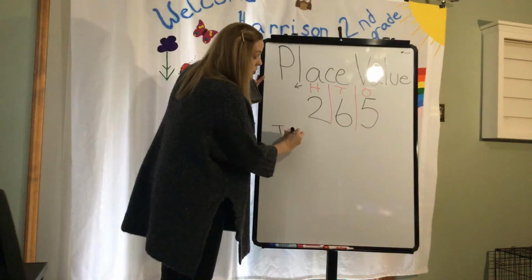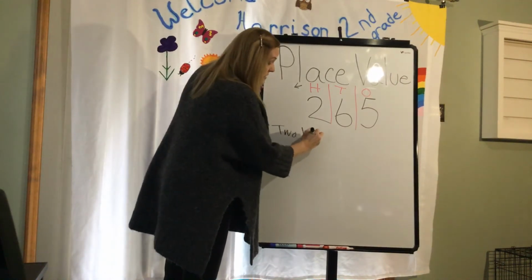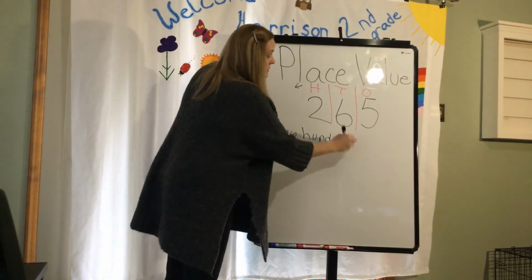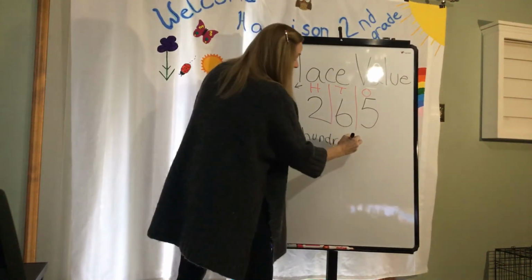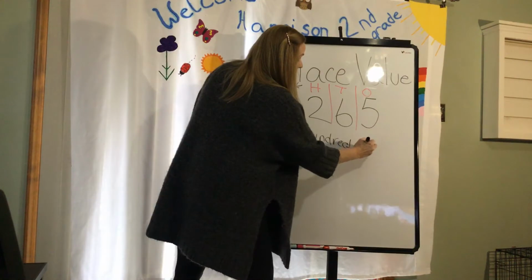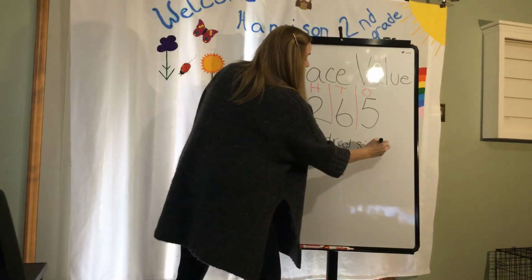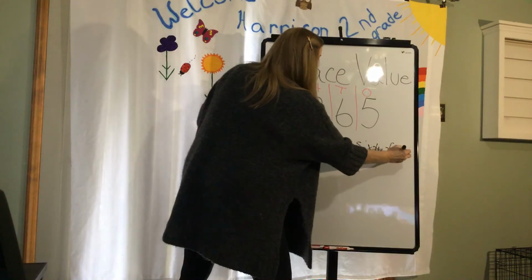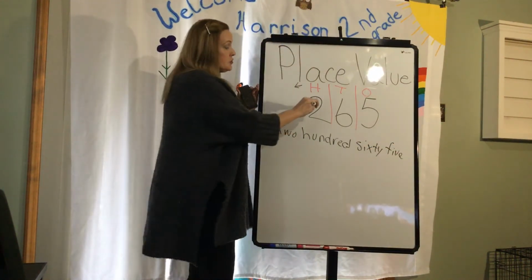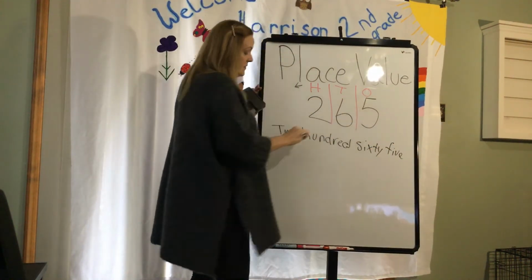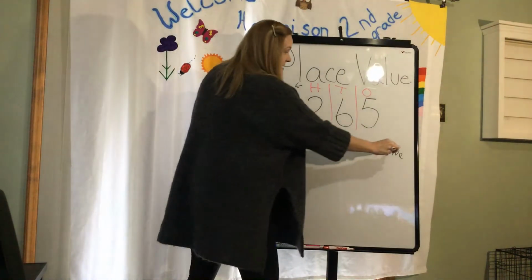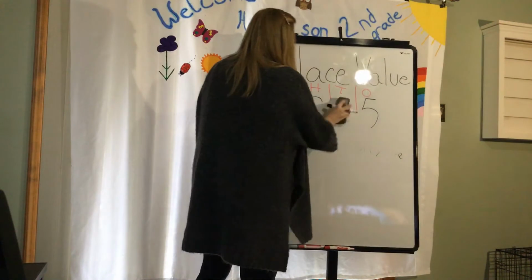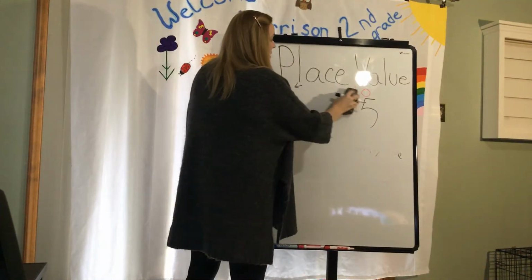Listen to what I'm saying. 200. 60. 5. You just say it. You just write it just like you say it. 265. All right, let's do one more, and we're going to practice doing each form of it, okay?